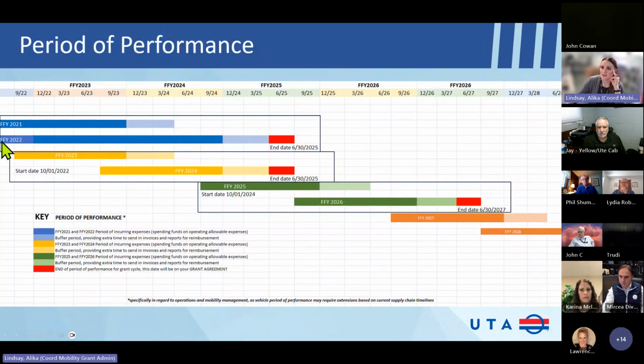So yes. So 2022, the end date is 6/30/25. Excuse me, 25. Because we had to extend it for capital and operating because people are still spending operating funds, but we want to avoid that in the future. Does that make sense?